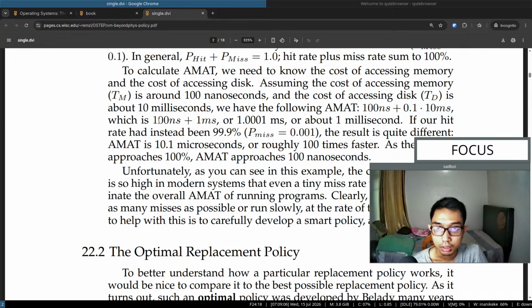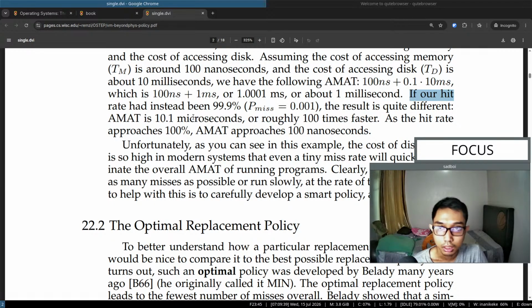Which is 100 nanoseconds plus 1 millisecond, and then we need to transform the milliseconds into nanoseconds, I guess, or you can transform the nanoseconds into milliseconds like this one, so it becomes 1.0001 milliseconds, or about 1 millisecond.